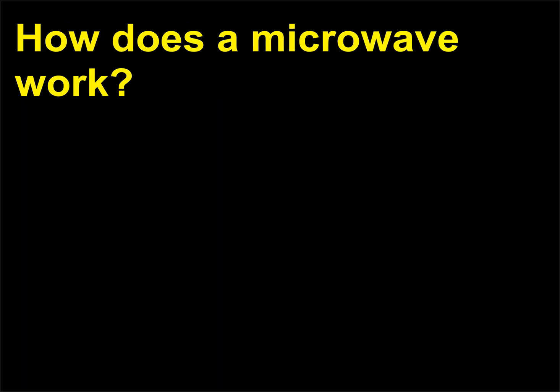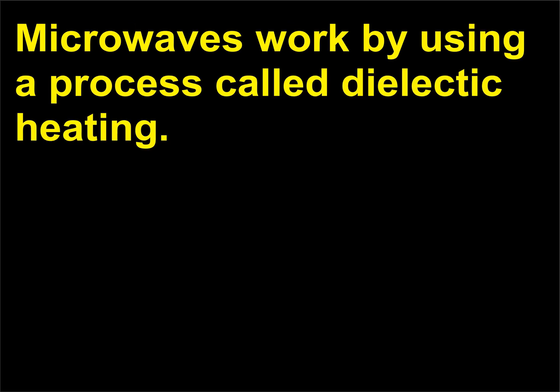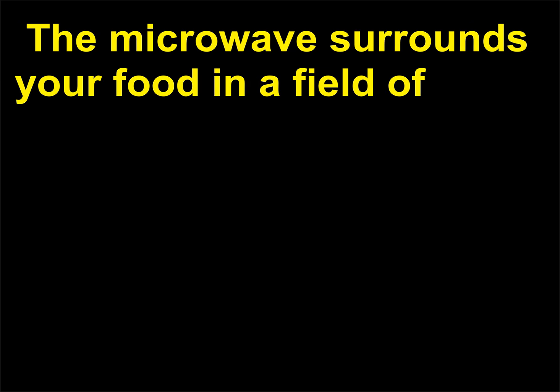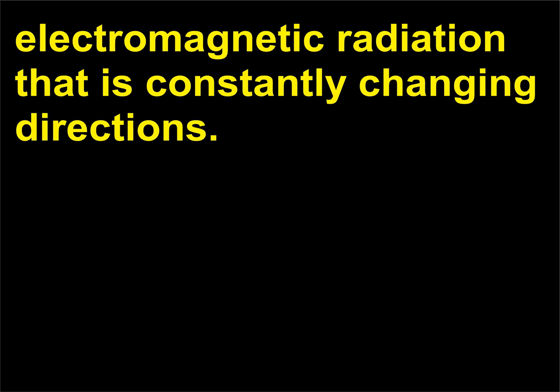How does a microwave work? Microwaves work by using a process called dielectric heating. The microwave surrounds your food in a field of electromagnetic radiation that is constantly changing directions.